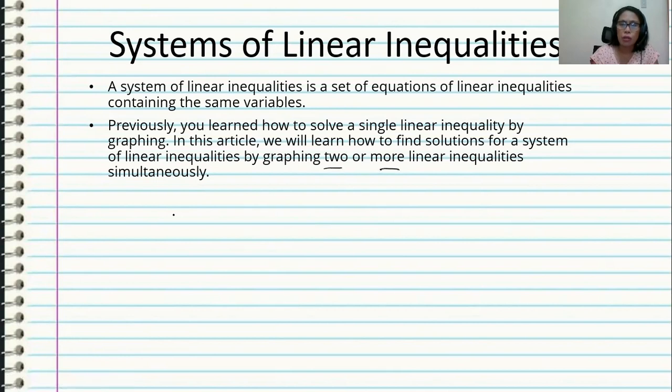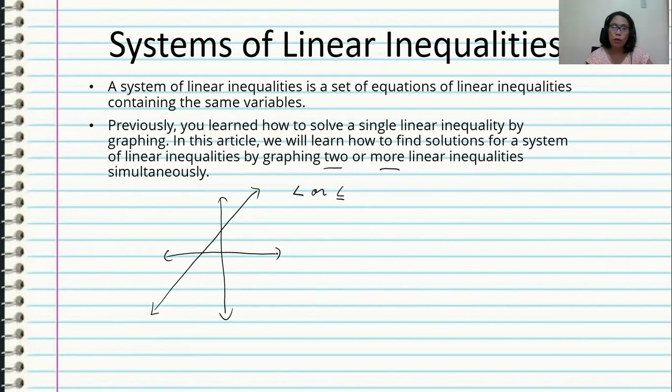So just to recall, if we're using the less than or less than or equal to inequalities, and let's say this is the line of the equation, we are going to work on the solution by identifying the shaded region, or what we consider as the area. Usually, if it's less than or equal to, the shaded region or the area will be below the line.